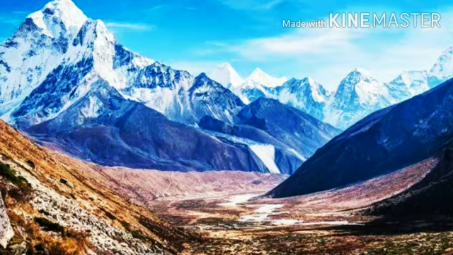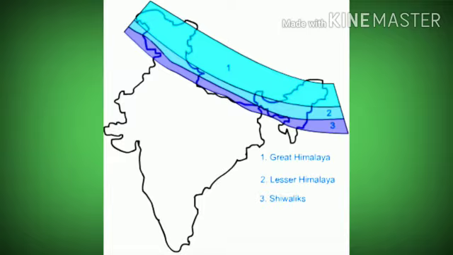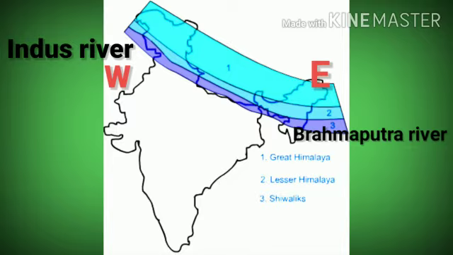The Himalayas are folded mountains found on the northern border of India. The Himalayan range is the highest and most rugged mountain range in the world. It extends from the river Indus in the west to the Brahmaputra in the east, forming an arc of about 2400 km.